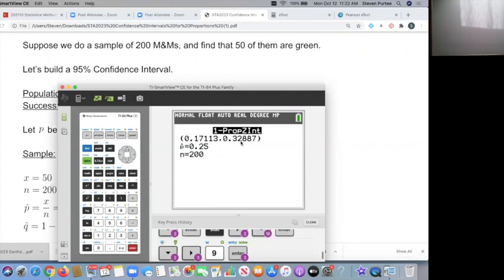So we would write the sentence, we are 99% confident that between, don't forget the word between, 17.1% and 32.9% of all M&Ms are green.